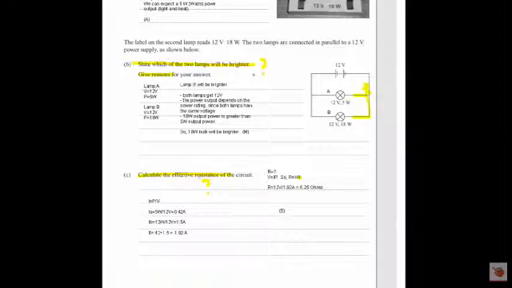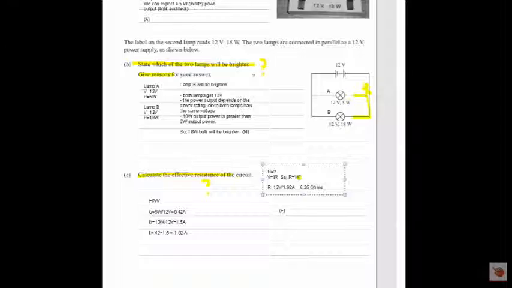Calculating effective resistance, we didn't have the resistance values for these lamps, so I used V equals IR in a global sense, taking a look at the whole circuitry all in one shot, rearranging for resistance equals voltage over current.